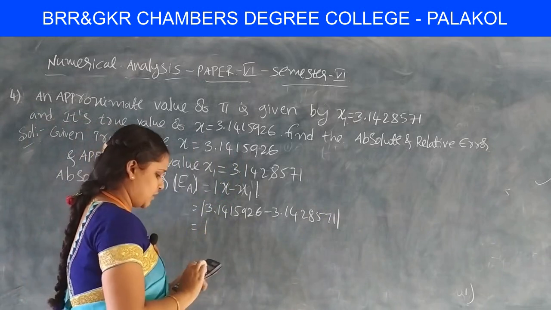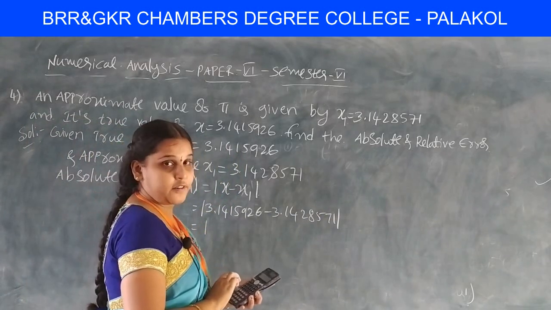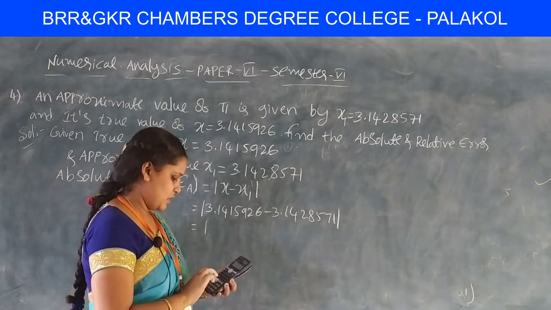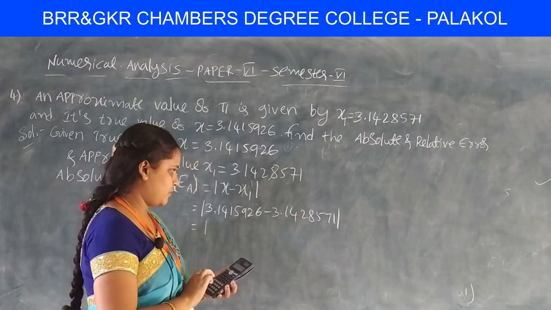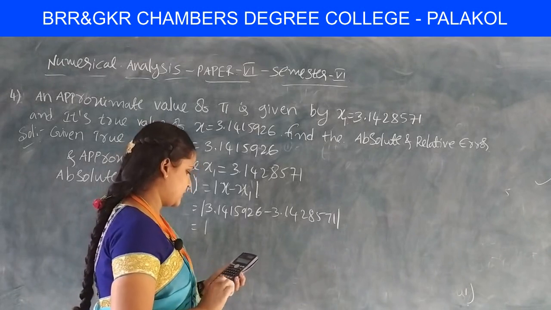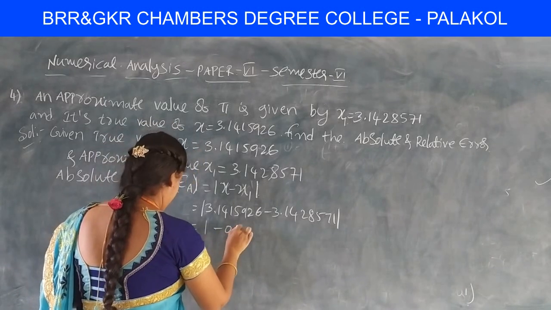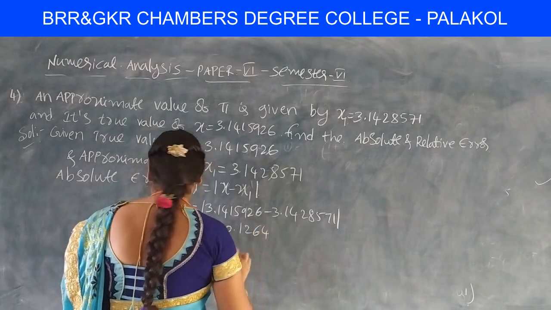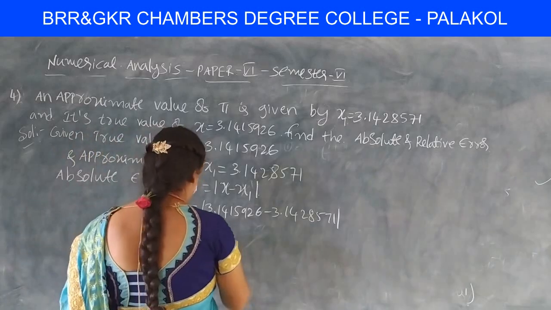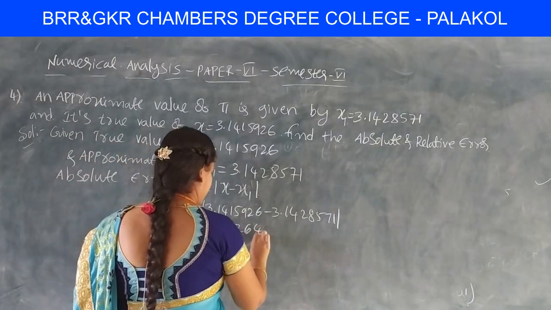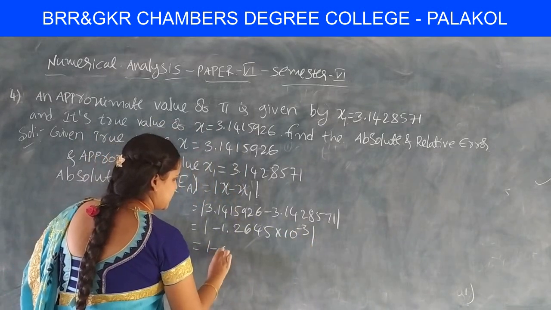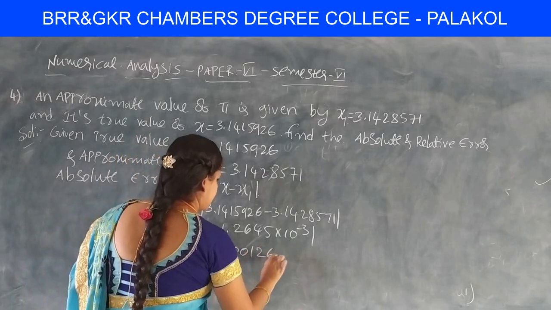Now 3.1415926 minus 3.1428571. This value is minus 0.0012645, that is minus 1.2645 into 10 to the power of minus 3, which is nothing but minus 0.00126.